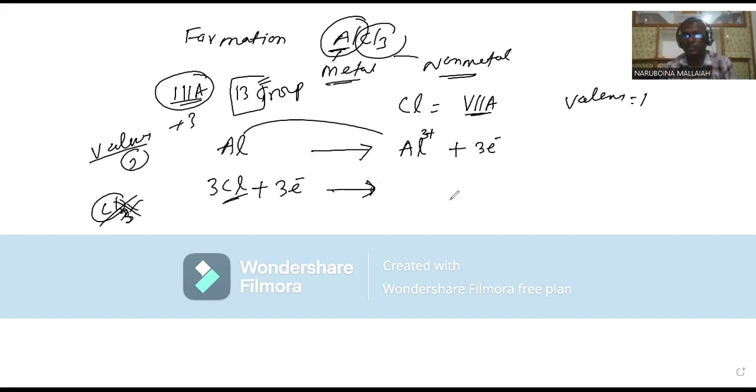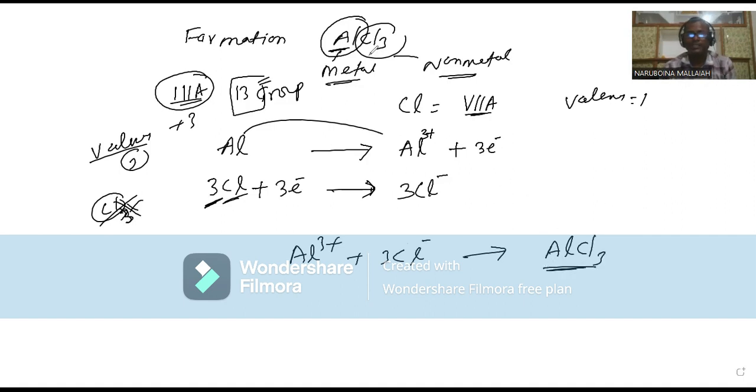So this chlorine becomes chloride by putting a minus symbol. 3 chlorine atoms are there, so we are writing 3 chloride ions. So in this way, we got Al3 plus and 3 Cl minus, right? They come close and they become AlCl3. This is formation of aluminum trichloride.